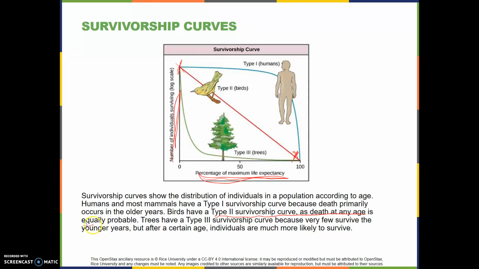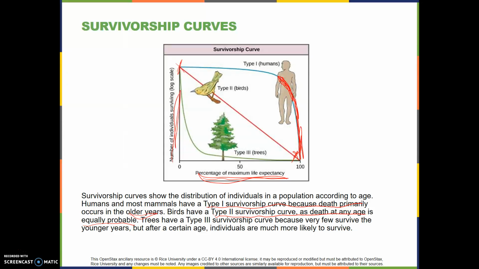In a type 1 curve, which humans have, you're going to see death happening primarily in the older years. So this part of the curve is showing individuals are dying mostly when they're elderly.